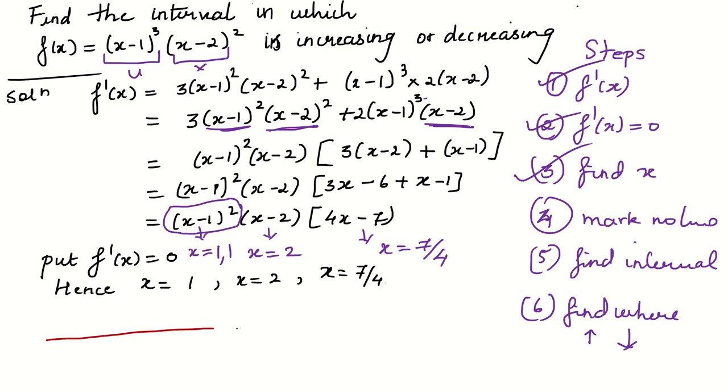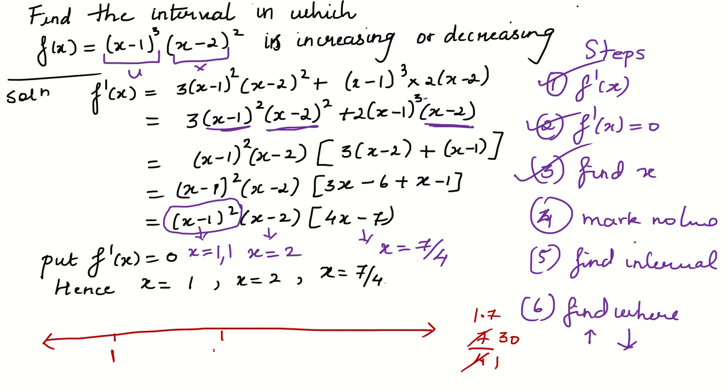The number line looks like this. 1 is first, 1 is here, then what is 7 by 4? 7 by 4 is nothing but 1.7, which is before 2.